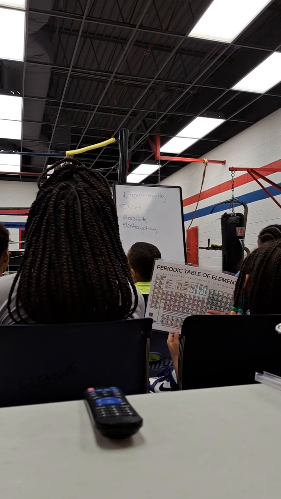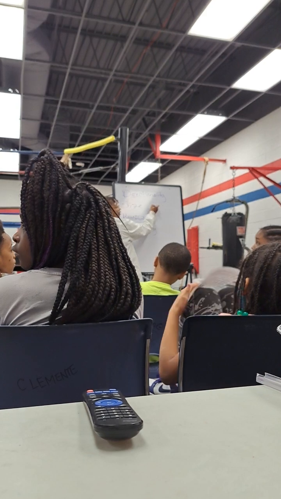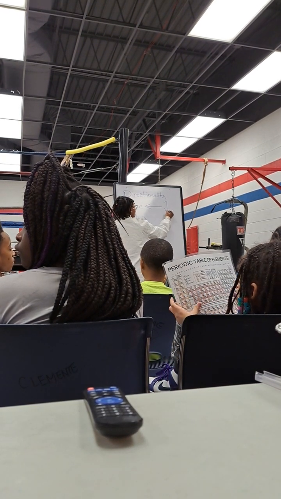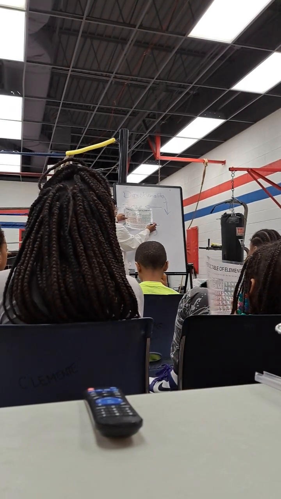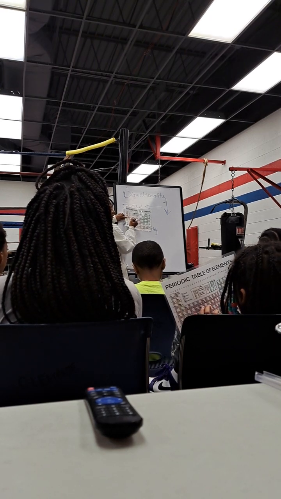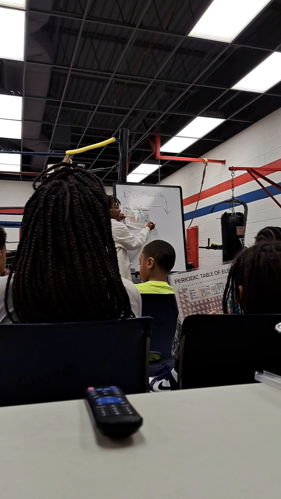A trend. What I want you to remember is that size increases going this way, and it increases going this way. On the periodic table, size increases going this way, it gets bigger, and going this way, it gets bigger.